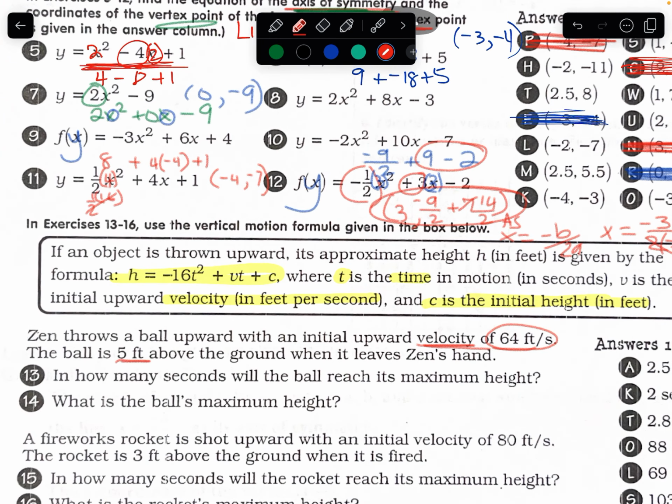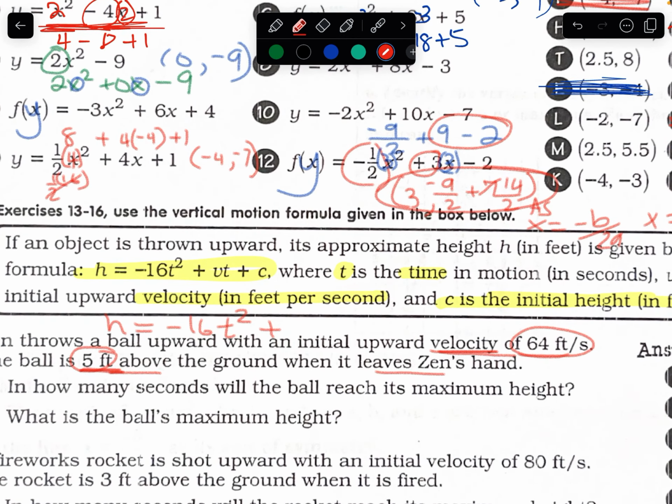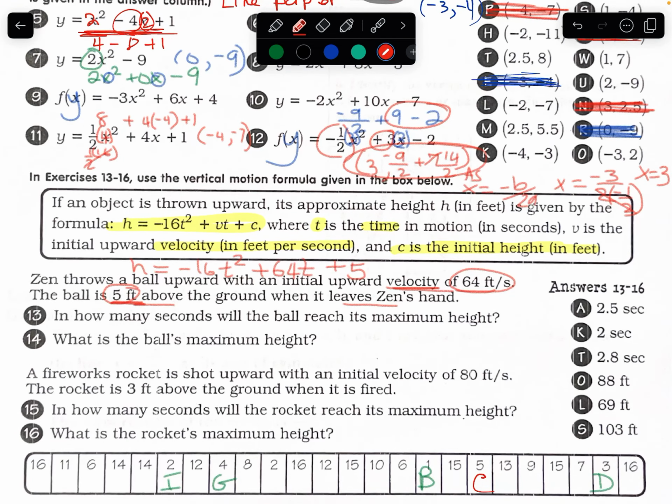The ball is 5 feet above the ground when it leaves the hand, so this 5 goes into C. This goes into V. So before you even start, you have H equals -16t squared plus 64t plus 5.